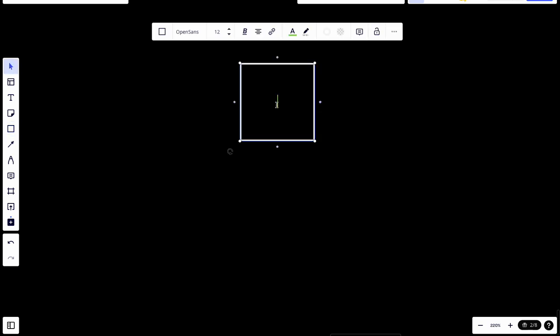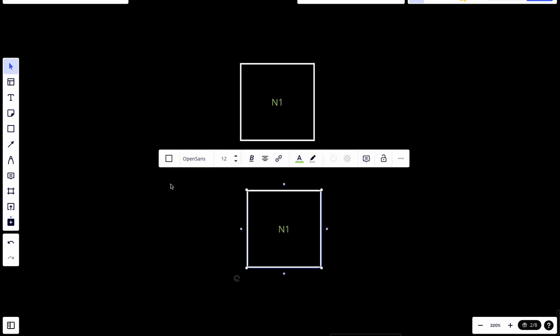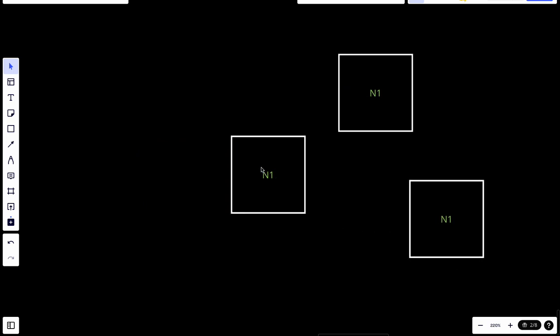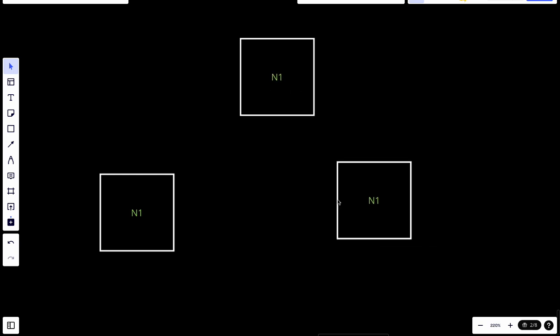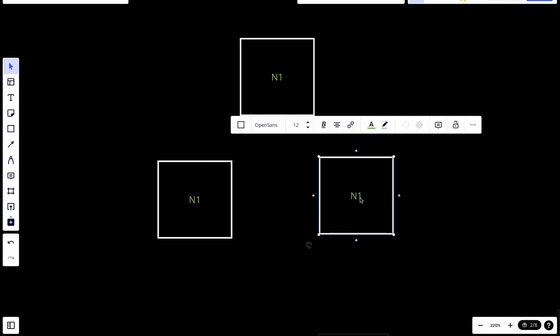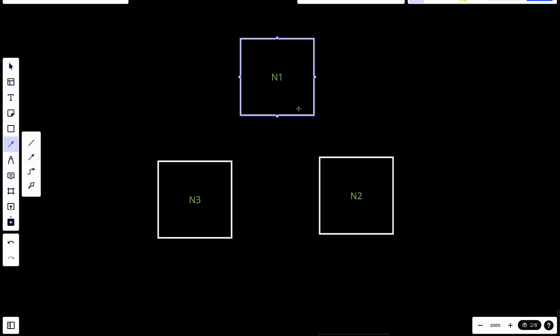Let's say that we have N1, and can I copy this one? Yeah, thank you. And we have N2. Let's just make it here. Okay, we have N2 and N3, and all of them are communicating with each other.